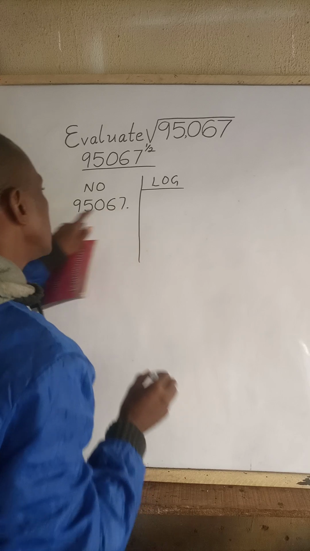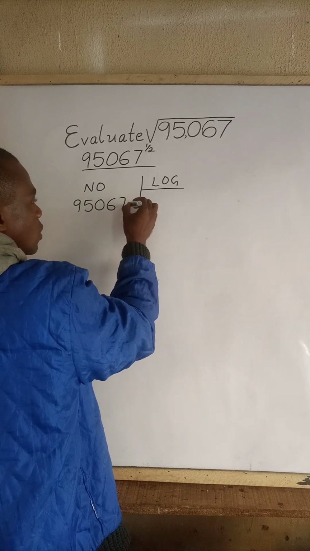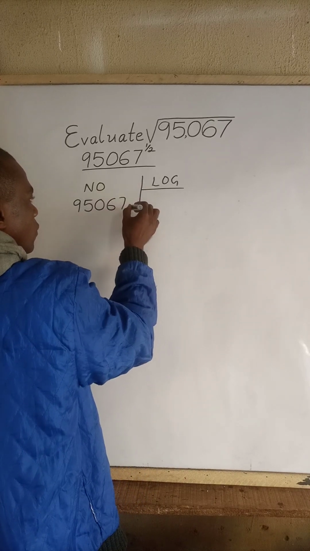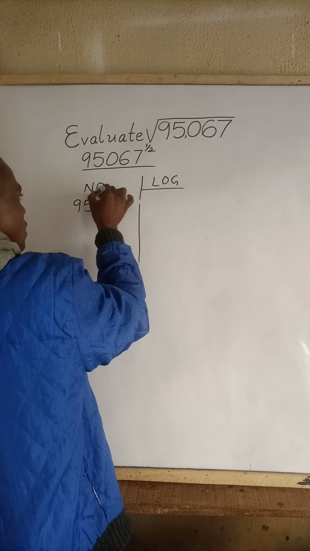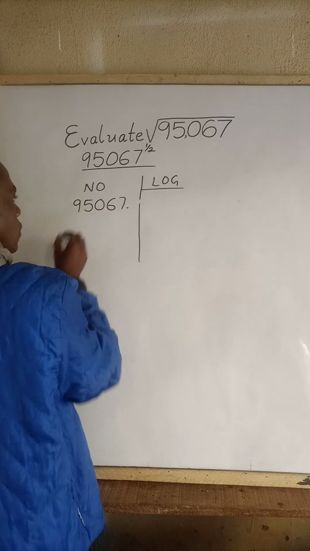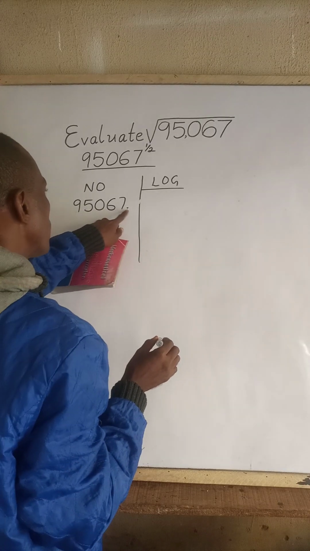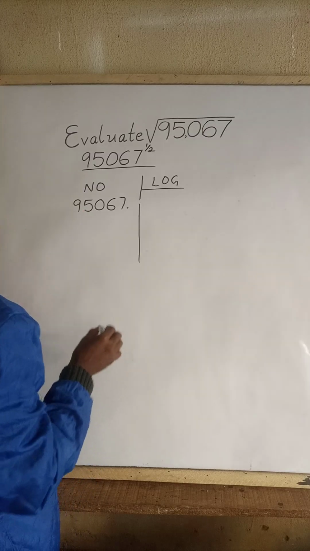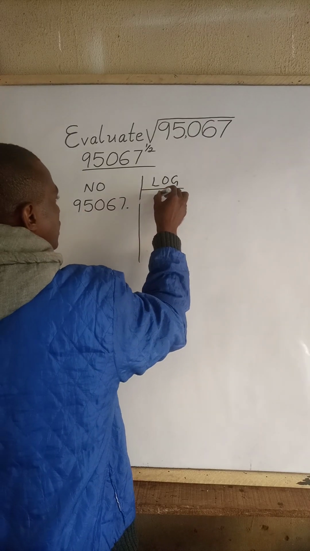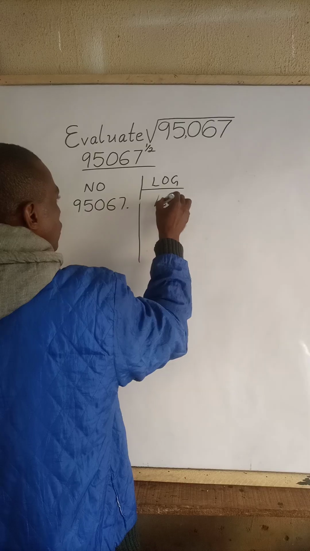Now, when I convert this to standard form, the point will move 4 times: 1, 2, 3, 4. So since this point will move 4 places before it gets to the front of 9, it means that the characteristic is 4.